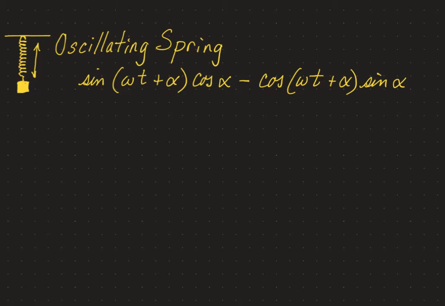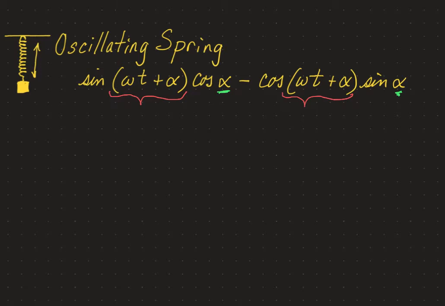But let's look closer. We have the sine of omega t plus alpha there, and we have the cosine of omega t plus alpha in that position. We also have alpha by itself here and alpha by itself here. Starting to look a little familiar. Let's make it look a little more familiar.